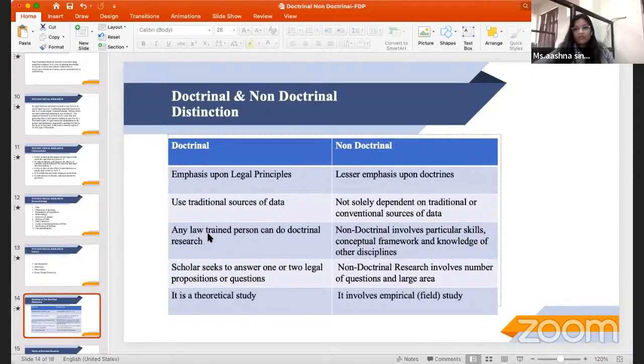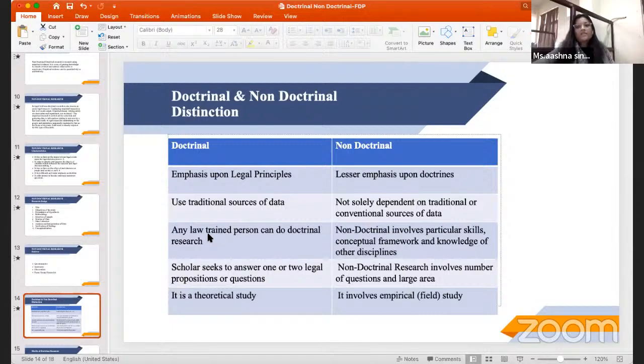Any trained law professional can do doctrinal research, whereas when we do a non-doctrinal research, you need to have particular skill sets. You need to have certain hands-on capability when we talk about non-doctrinal research.